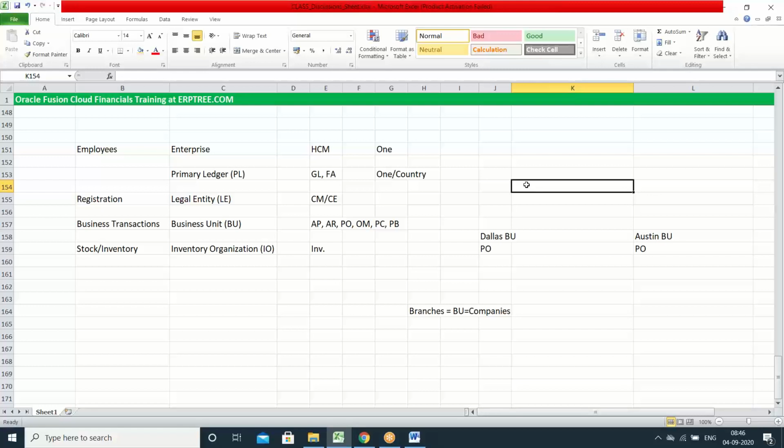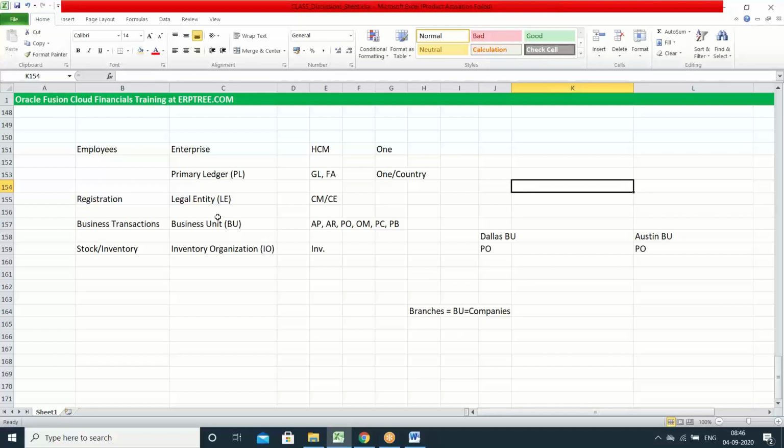No one can accept that. Each country needs a separate registration. Okay, 2 countries means minimum 2 would be there. As per their business, there could be more than one in each country. So that is the reason how many legal entities we have to create in the system always depends on how many registrations they have as per their business in one or multiple countries.